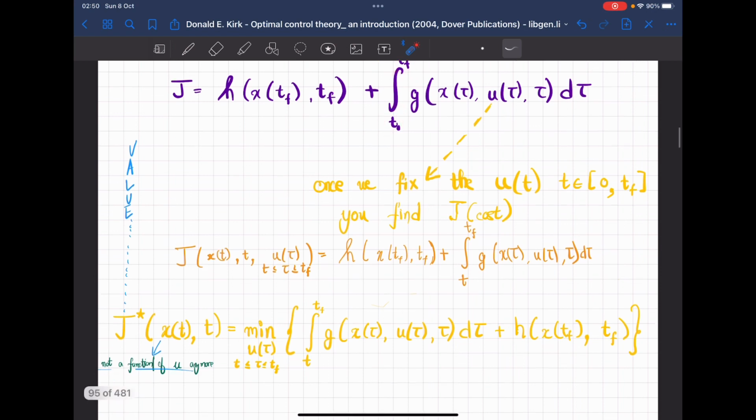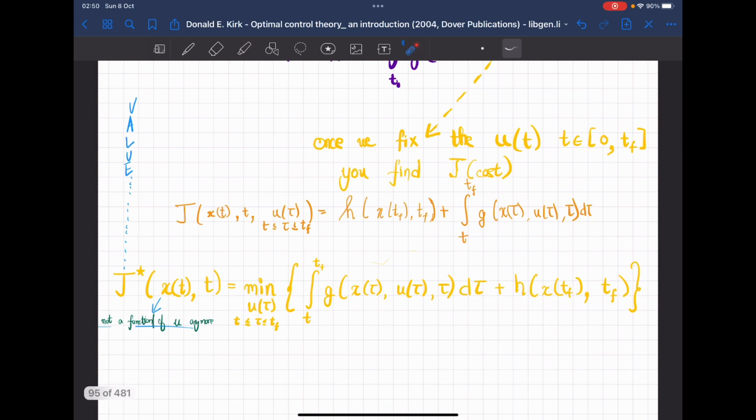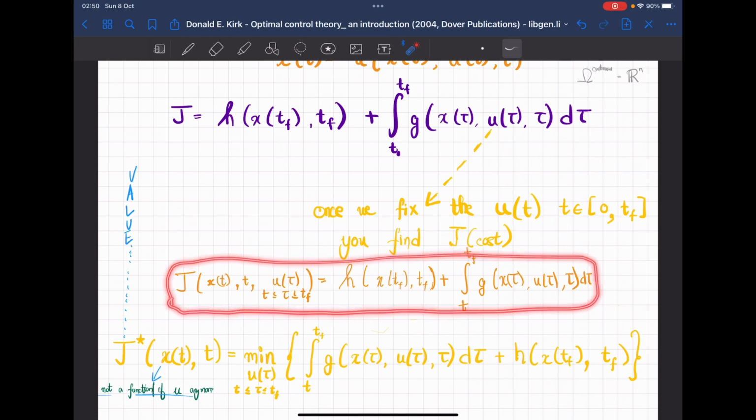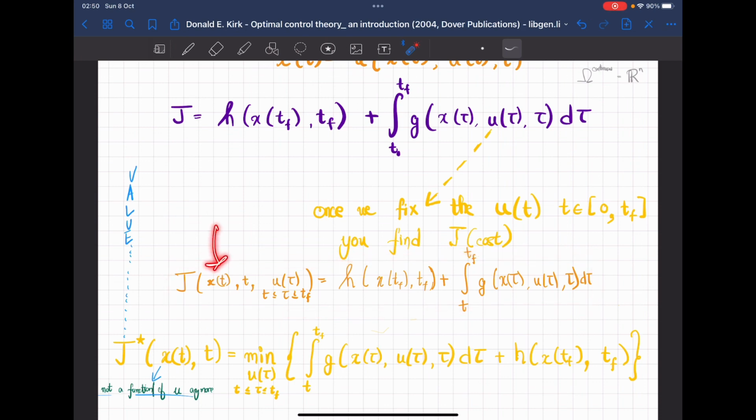Given that you're already in some state at time t, so you're in state x_t, the cost from this state x_t at time t to the final time tf would be given by this function. So the difference between this and this is simply that this is starting from t0 and this is starting from an initial state x_t. So we are saying, okay, we are in x_t, and from this state x_t, we want to reach our final destination.